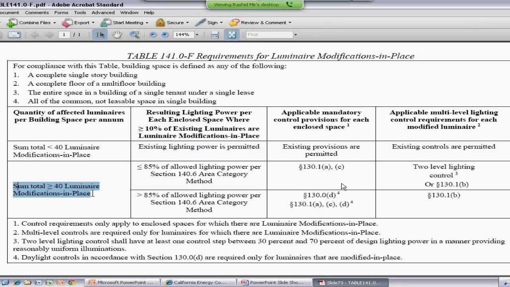But if you replace 40 luminaires or more, depending again upon the resulting watts per square foot that's allowed in 140.6, you're either going to have to satisfy the area control and multi-level lighting requirements, or you're going to have to meet the automatic and area daylighting control requirements if the resulting watts per square foot is greater than 85% of what you're allowed in 140.6.